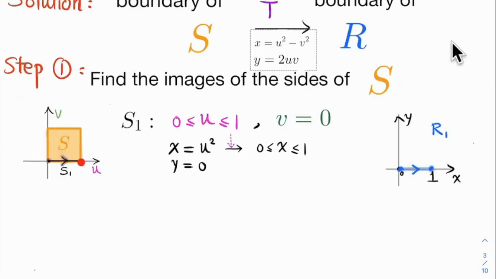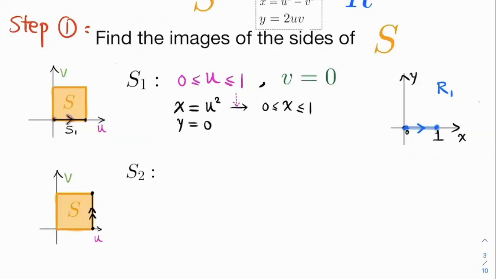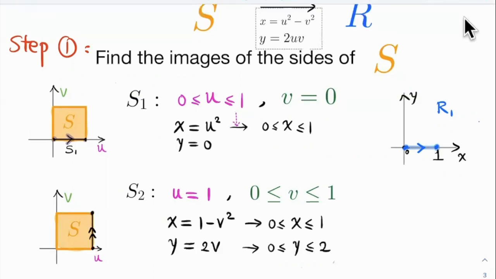So S1 here on the uv plane is being mapped to this nice segment here on the xy plane. Next, we consider this side of S. Let's call that S2. Along this side, u is equal to 1 and v goes from 0 to 1.